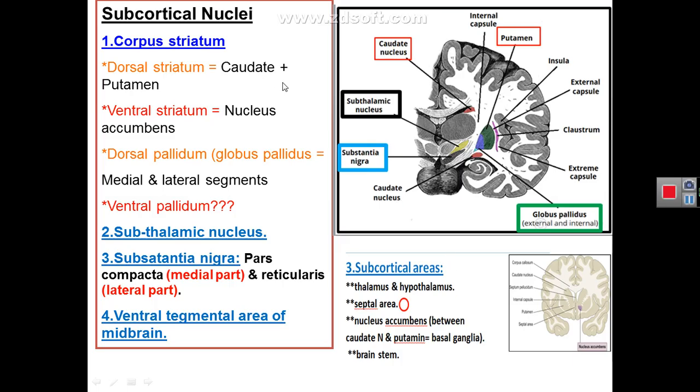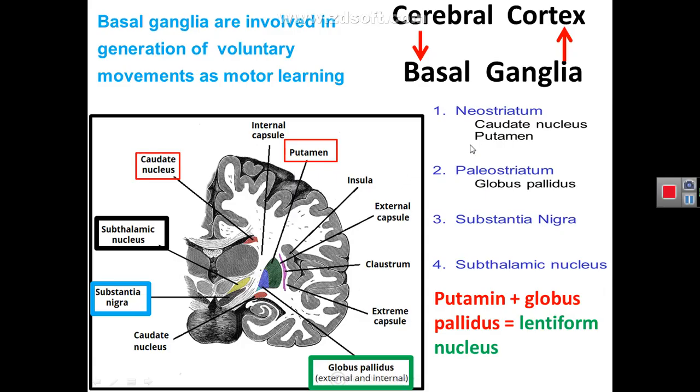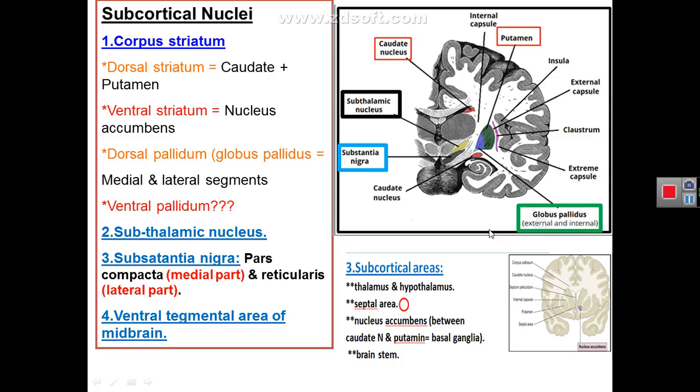There is another way of classifying the basal ganglia or basal nuclei. The first classification was this, in the form of neostriatum, paleostriatum, substantia nigra, and subthalamic nuclei. But some authors classify the basal ganglia in the following manner.